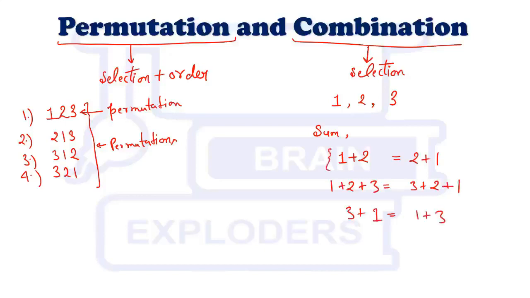In this kind of problem, we will use combination. So 1 plus 2 is a combination of two numbers 1 and 2. Okay, so this was an idea about permutation and combination. We will discuss it in depth later.